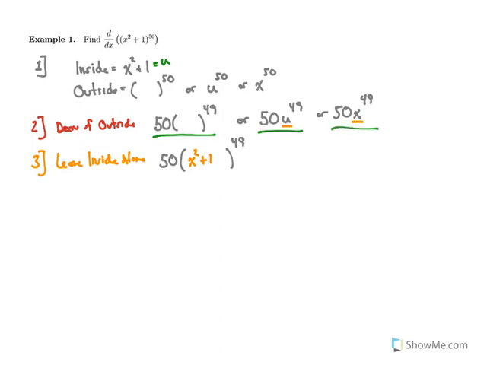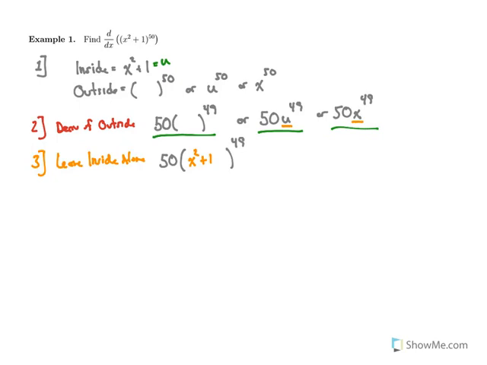And lastly, the nice thing about doing x to the 50th or 50x to the 49th is that it's very easy to think about the derivative of that function, but it's a little bit awkward to think about plugging in x squared plus 1 for x. Whichever way you want to think about it works. It doesn't matter to me. Either way, we need to have x squared plus 1 be left inside of that derivative.